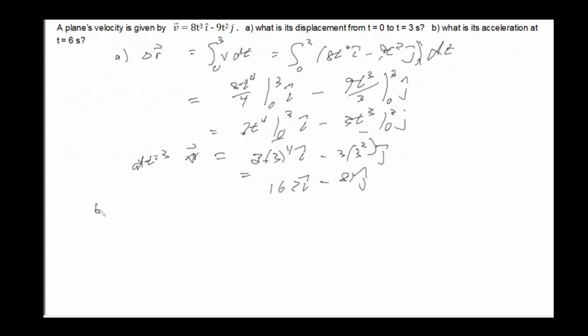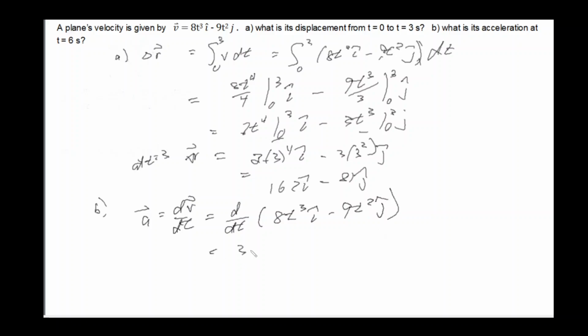For part B, we're looking for the acceleration at 6 seconds. Well, we know acceleration is the derivative of velocity, so that would be d/dt of our velocity vector, which is 8t cubed i minus 9t squared j.